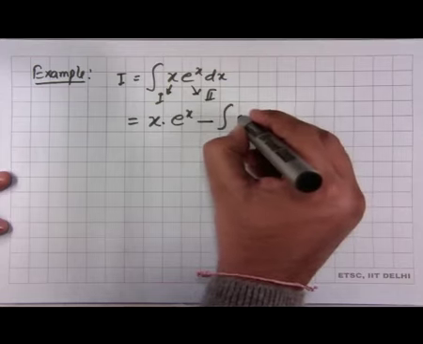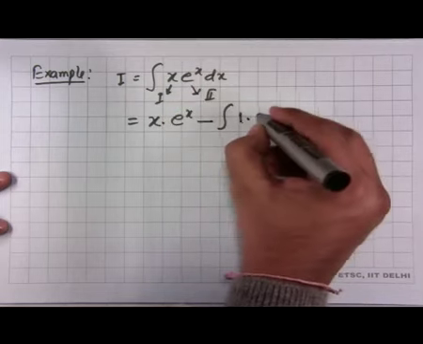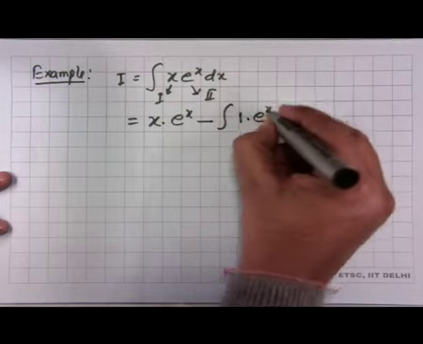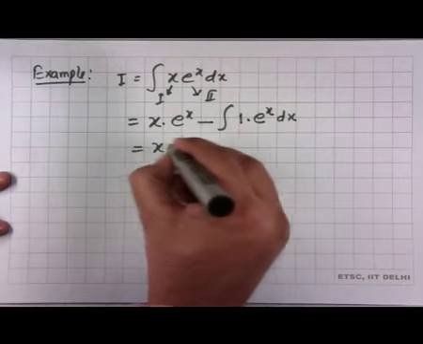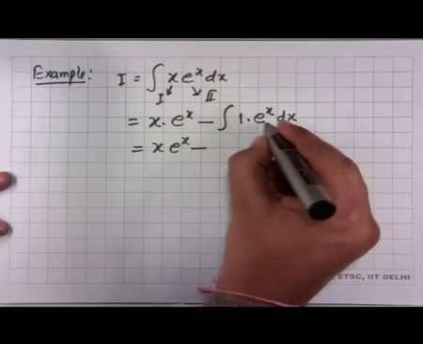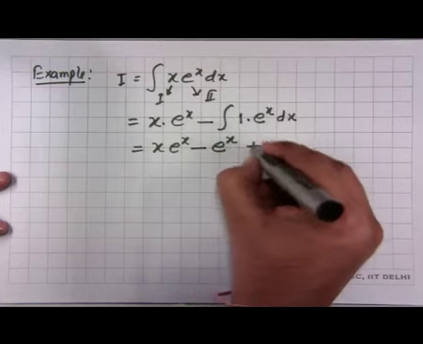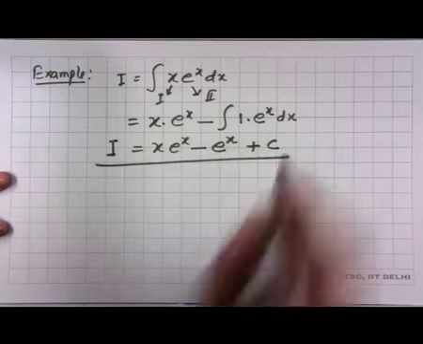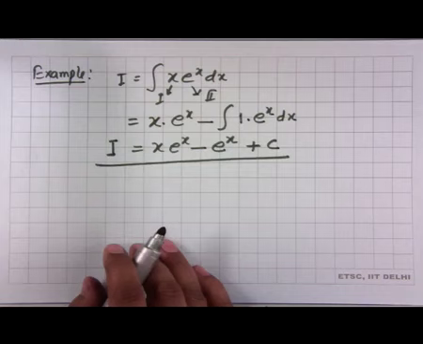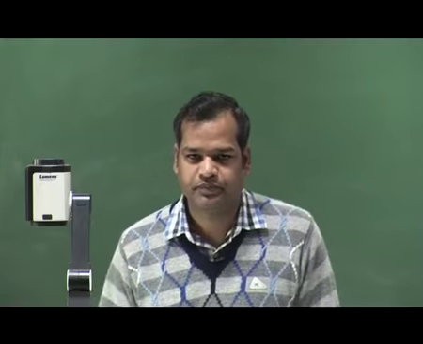So, the derivative of x is 1, multiplied by the integration of the second, e raised to power x, integral of the whole. Therefore, this gives you x e raised to power x minus the exponential integral, which is again e raised to power x, and finally plus a constant of integration. So, this is the integral in this case using the formula of integration by parts.